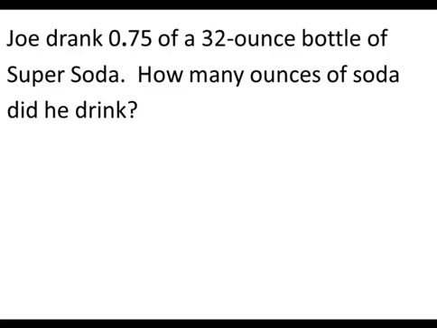Usually, when we see of in an application problem, we need to multiply to obtain the answer. 0.75 times 32. 5 times 2 is 10, carry the 1. 7 times 2 is 14, plus 1 is 15. Carry the 1. 0 times 2 is 0, plus 1 is 1.